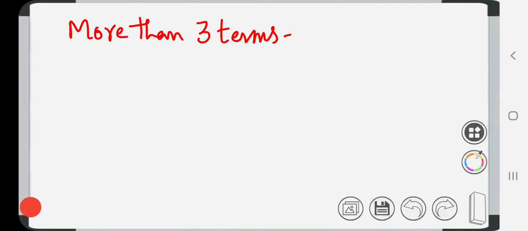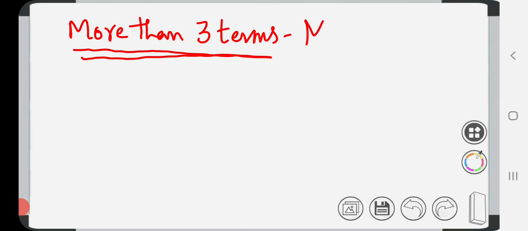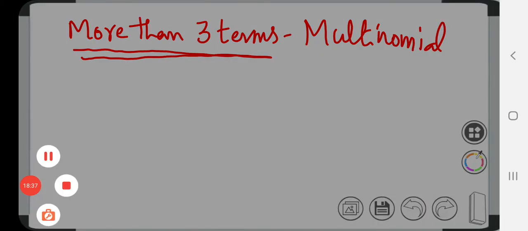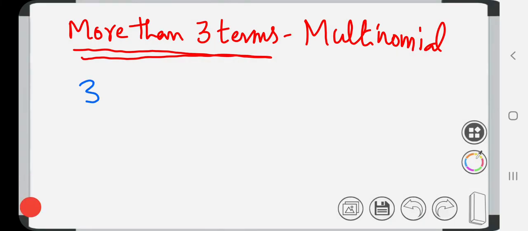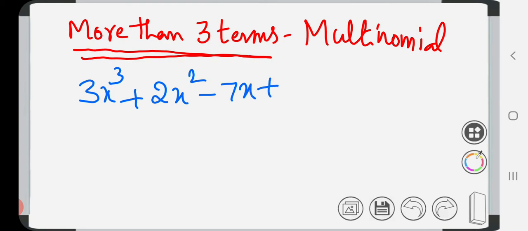If a polynomial has more than 3 terms, then that is called multinomial. For example, if you consider 3x cube plus 2x square minus 7x plus 5, then 1, 2, 3, 4 terms are there.